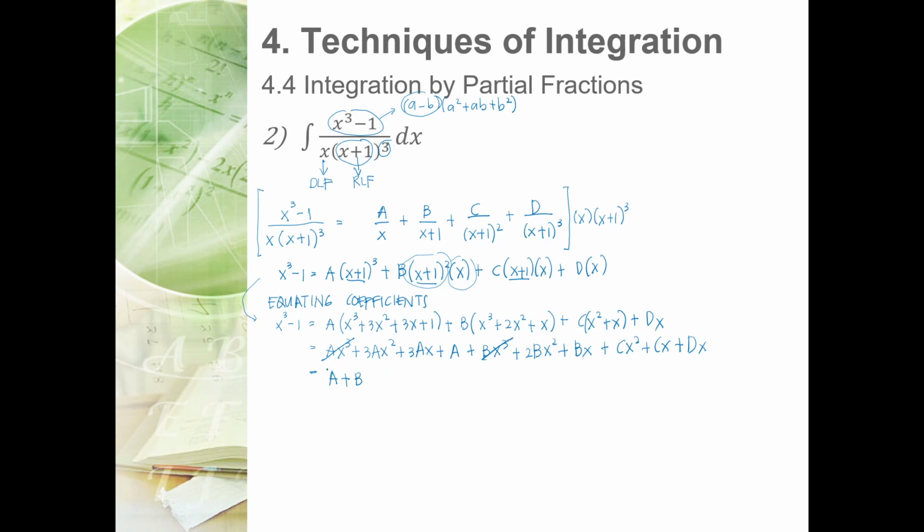Then plus 3a, 2b, and c for the x squared terms. The next would be the x terms: 3a plus b plus c and d.